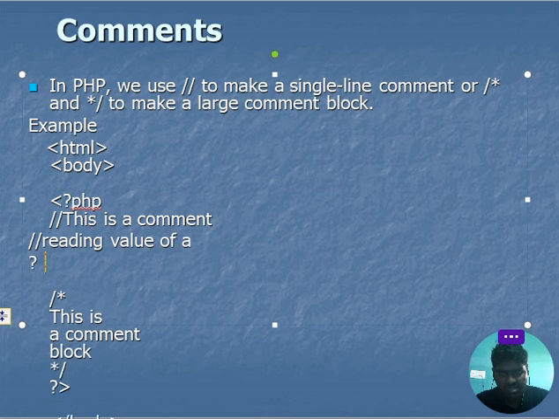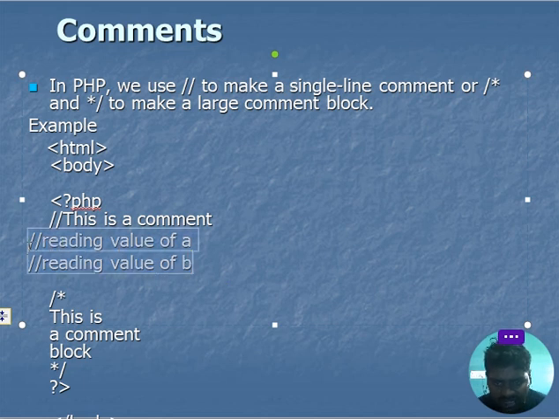So next, I make a comment, reading value of B. So this is the statement just to explain the coding. So in the output, this will not come in the output statement. Do you understand? Example, I type reading value of A, reading value of B. These statements will not be displayed in the output.